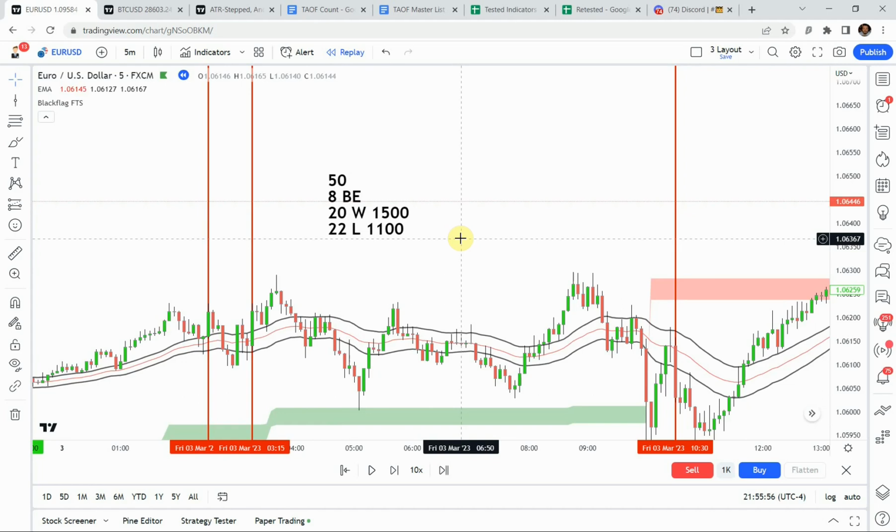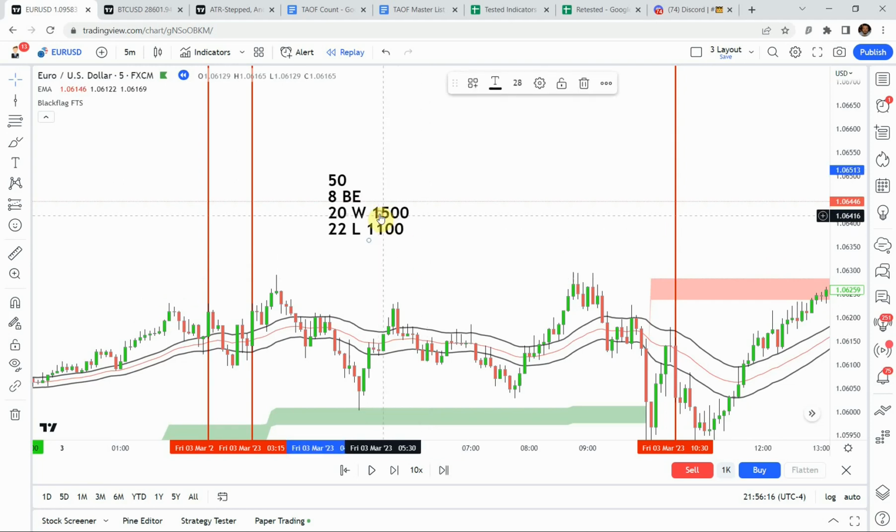So basically what the numbers worked out to be was, if we were risking, let's say, $50 and $100 was the overall take profit, again trying to account for the half positions, the overall winning side would have gained $1,500. The losing side, you would have lost $1,100, for a total gain of about $400 altogether.